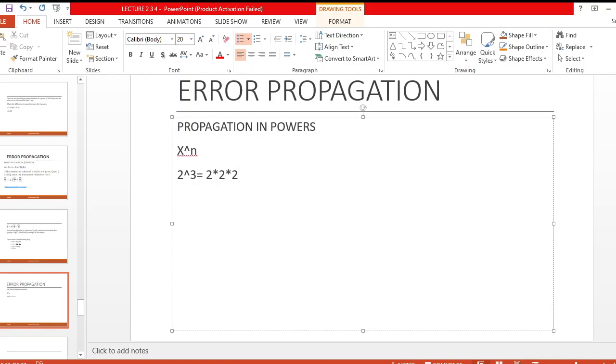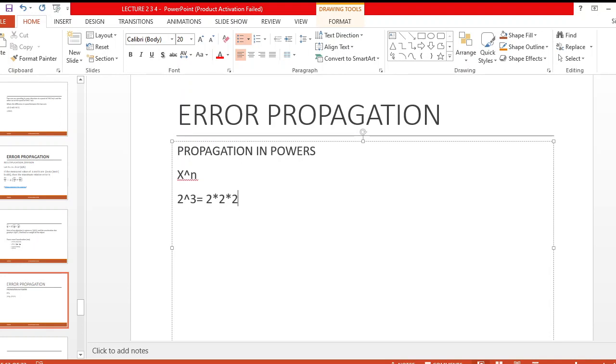So if you look at the rule of powers, it's the same rule of relative errors, because relative errors says when you are multiplying numbers with different errors, you add the relative errors.